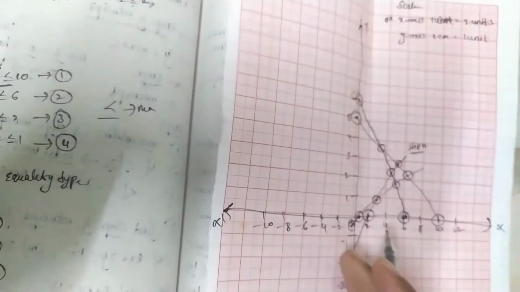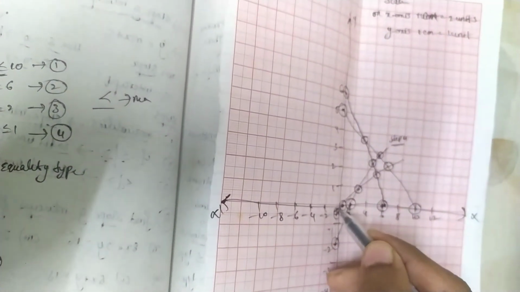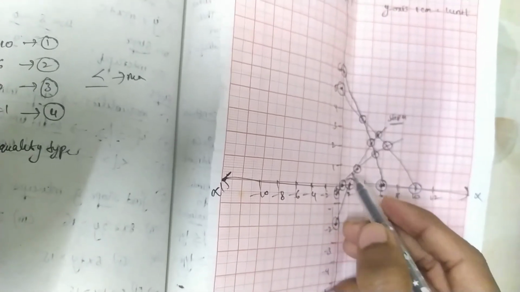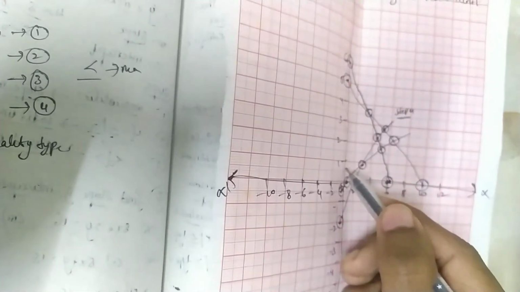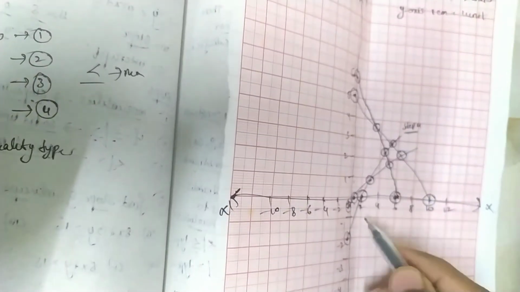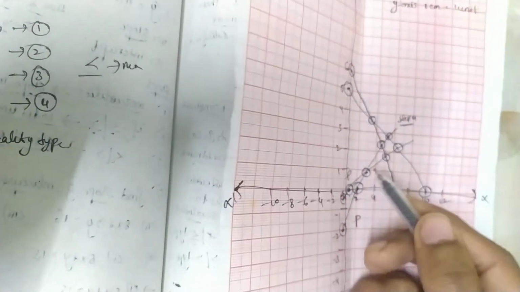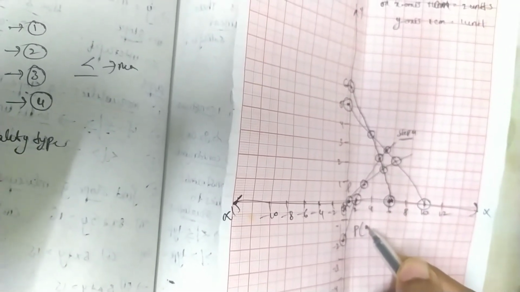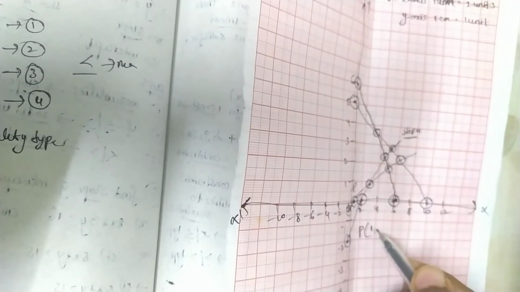Comparing these points, from 0 to the x-axis the nearer point is this one, denoted as P, that is P of 1, 0.